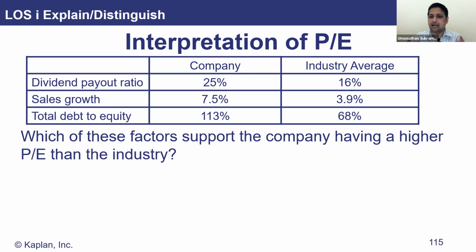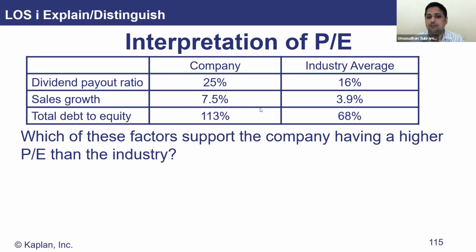Yes, that is the assumption of the model. The higher the dividend payout ratio, the higher the share price. Higher share price would mean higher PE ratio, isn't it? PE ratio is price divided by EPS. So higher price would mean higher PE ratio, because you're dividing a higher number by EPS. So coming back to the point, that is supportive.